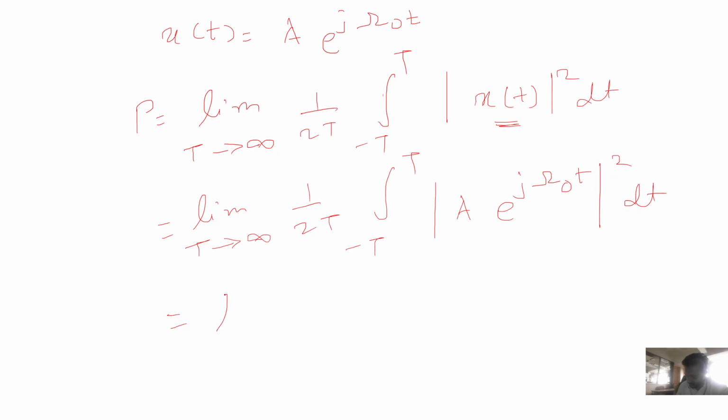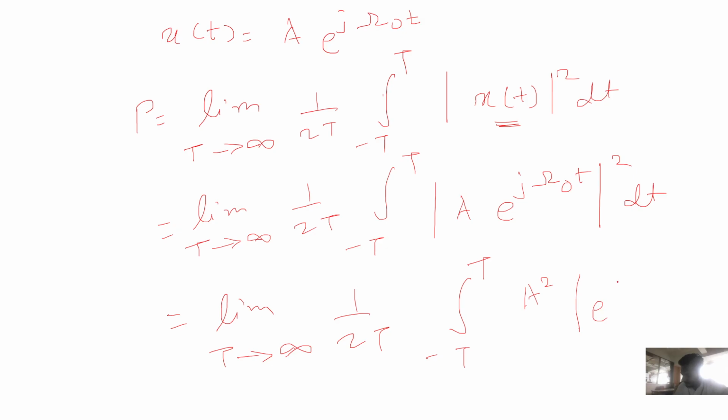This is going to be equal to limit t tends to infinity 1 upon 2t integration minus t to t a square. Understand this, it is not going to matter whether it is positive or negative, because we are taking the square of this, right?